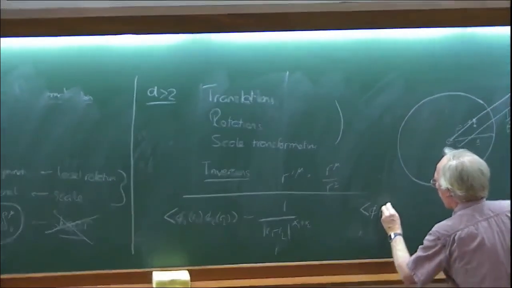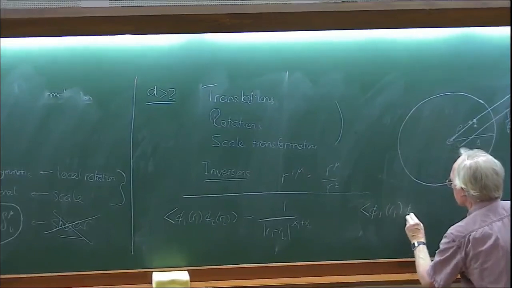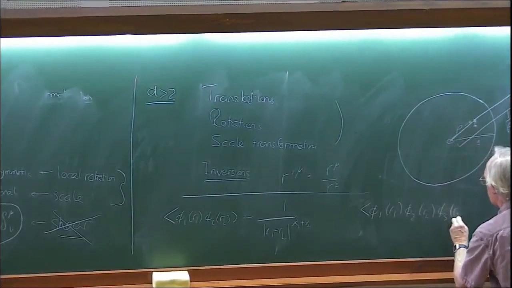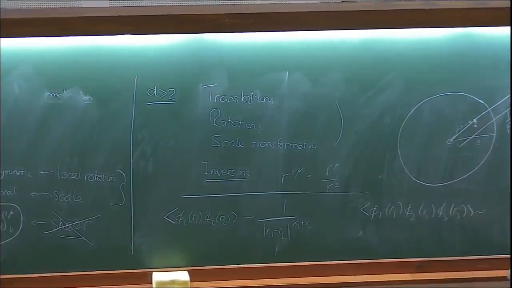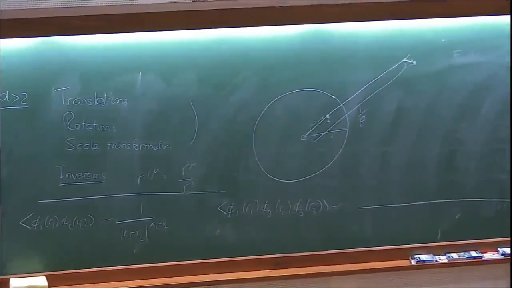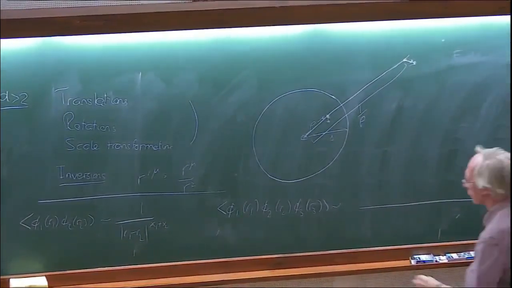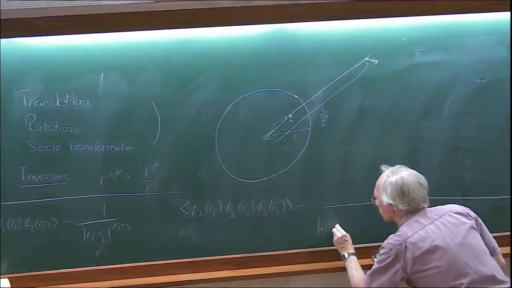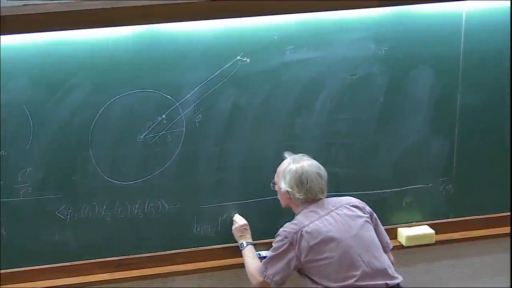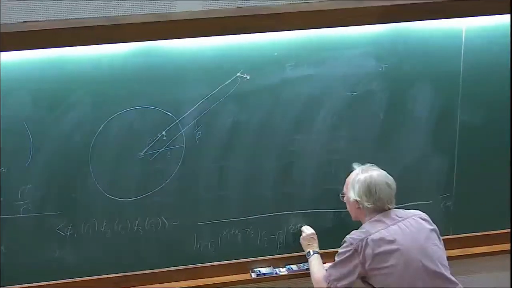So phi1 of R1, phi2 of R2, phi3 of R3 goes like, and I'll write it down, it's a bit complicated. You can see it's going to be complicated, all right? So it's R1 minus R2 to the x1 plus x2 minus x3, R2 minus R3 to the, okay, it's cyclically invariant.